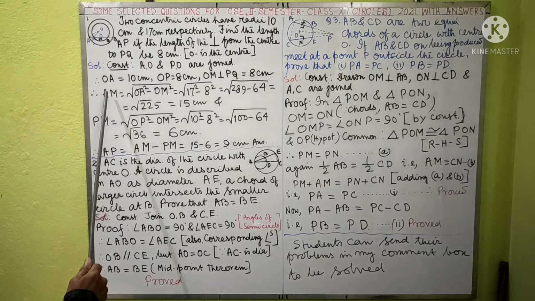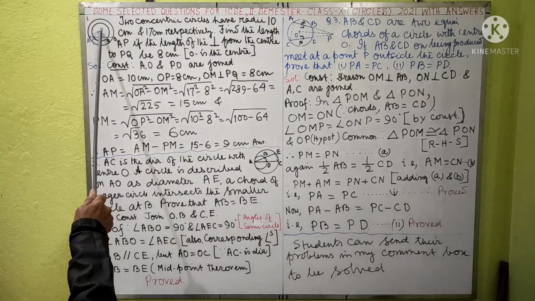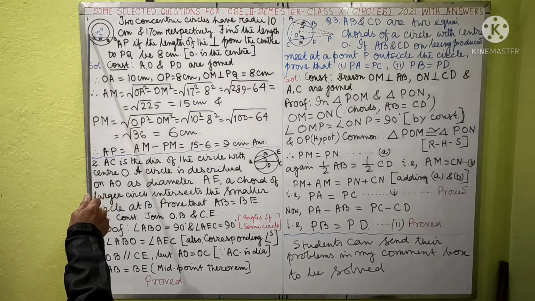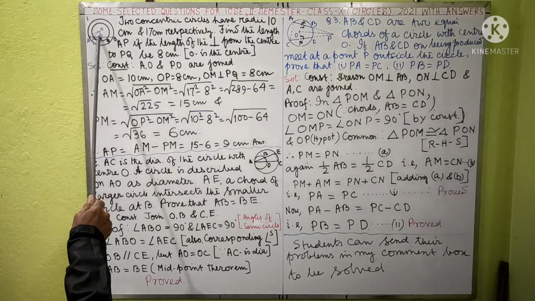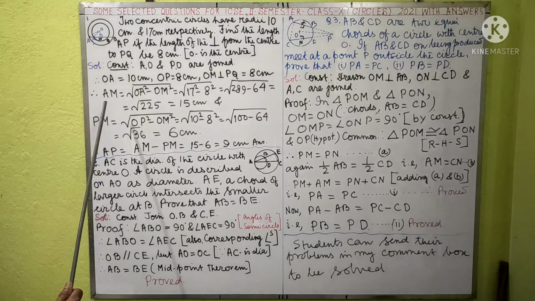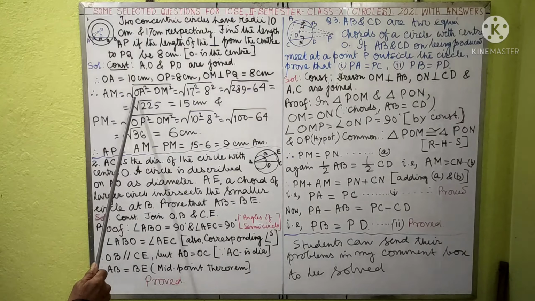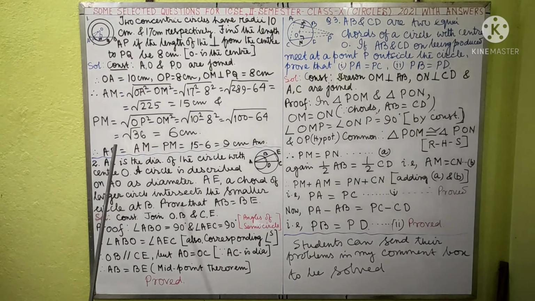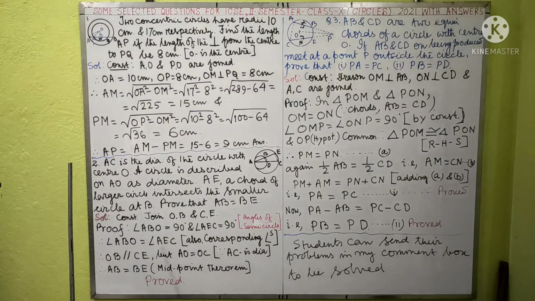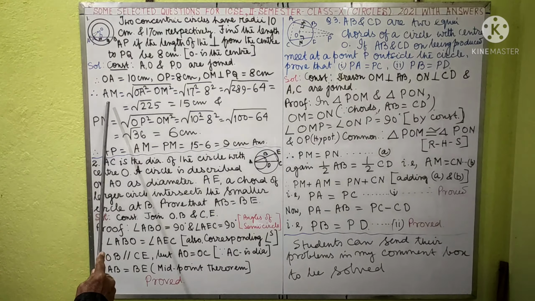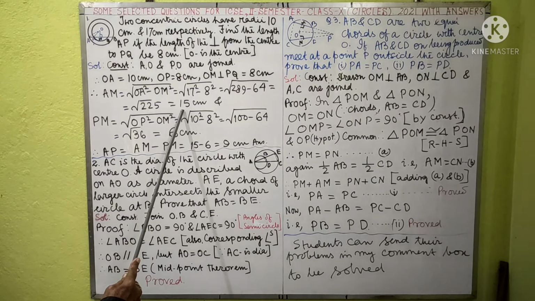Now AM, since triangle OAM and OPM are right angle triangles, therefore AM equals OA square minus OM square, that is 17 square minus 8 square, and AM equals 15 centimeter.